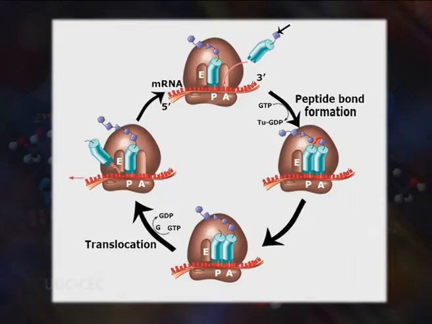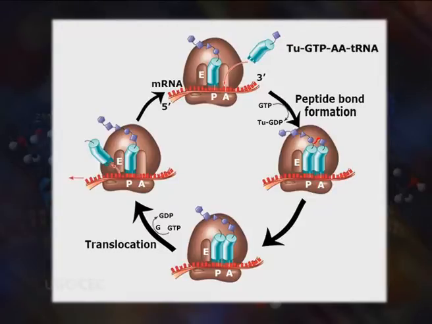The first step in elongation involves the entry of the second aminoacyl tRNA to the A site of the ribosome. This and the subsequent aminoacyl tRNA combine with Tu factor and GTP before binding to the A site to form Tu GTP AA tRNA complex.